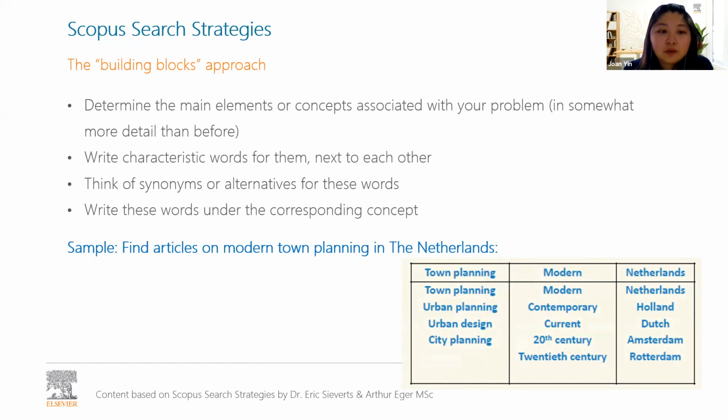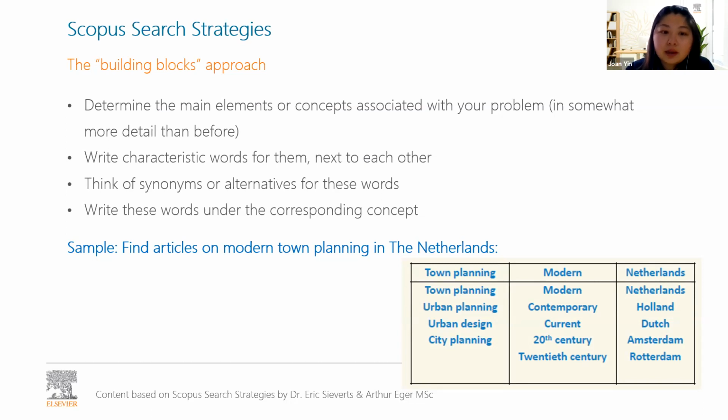I will give you a quite simple example. Say you would like to find articles on modern town planning in the Netherlands. In the first step, you determine the main elements or concepts of your problem.